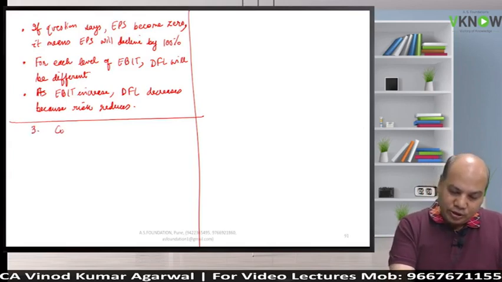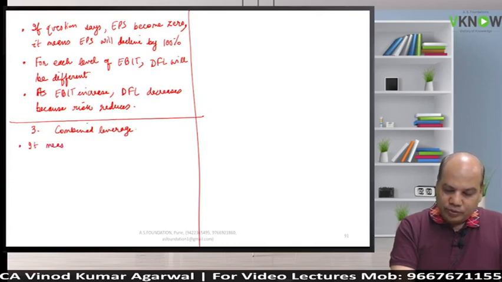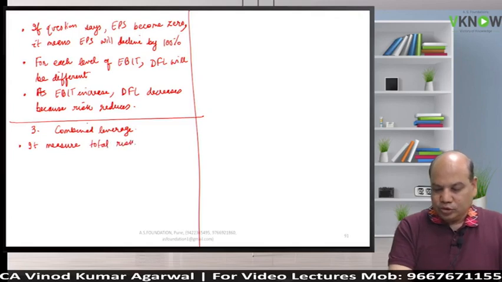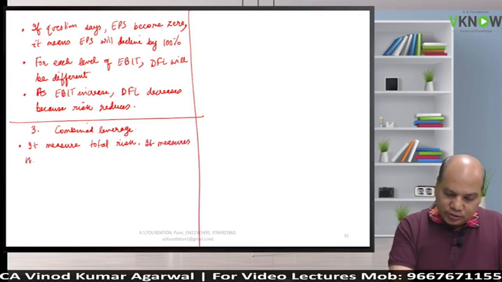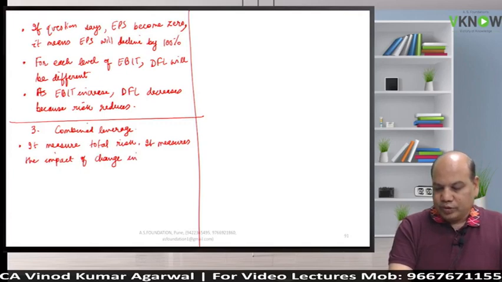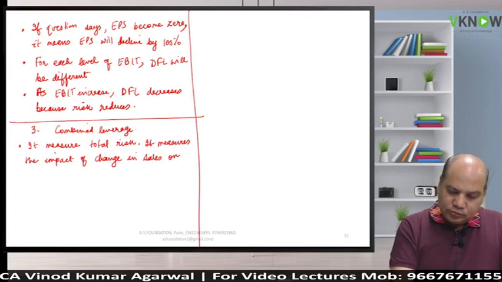Now write down point 3, combined leverage. It measures total risk. It measures the impact of change in sales on EPS.